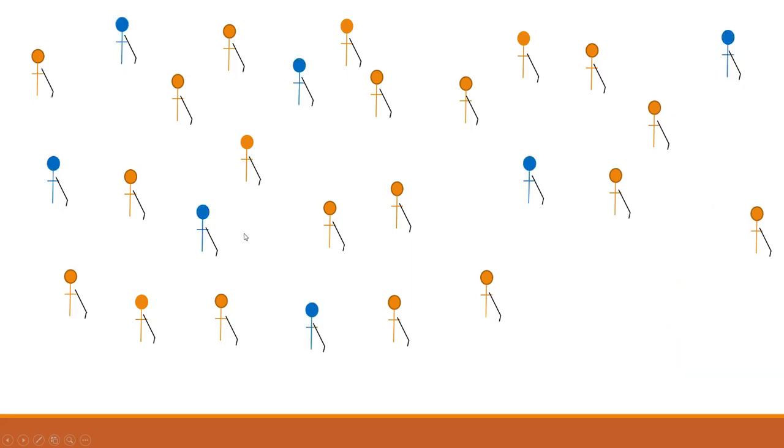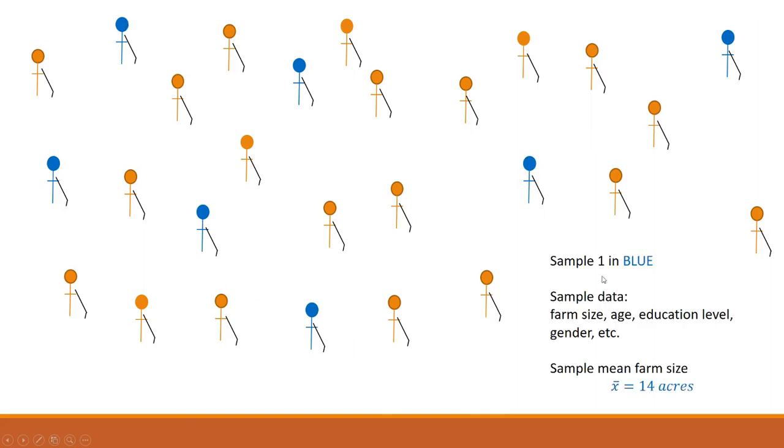But I will go in, I'll collect data on some of them, some subset. So let's say it's the blue farmers, all right? I'm collecting data on these blue farmers. It's some subset of all the farmers. And I calculate the mean of my sample data. So the mean of the blue farmers. And I get 14 acres.